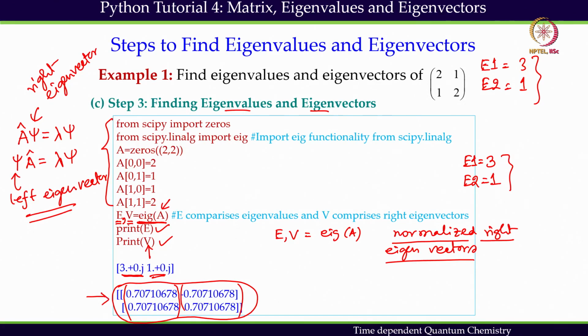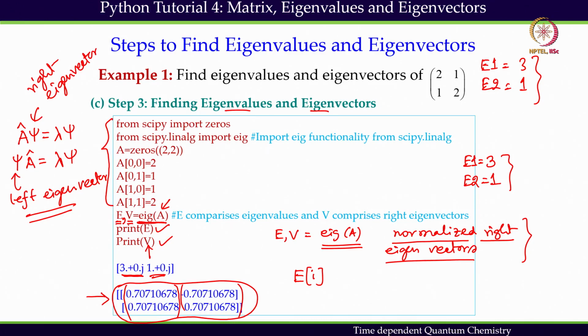So, this construct is actually giving me normalized right eigenvectors, and one can access the values of the eigenvectors like this because it is an array.